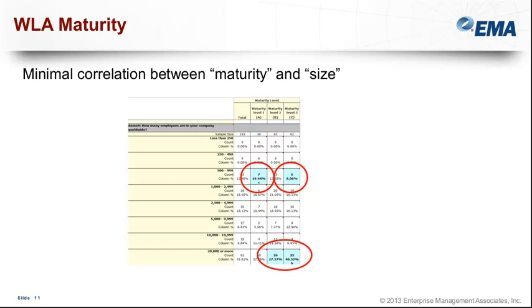And one thing that we needed to rule out was that maturity is just a proxy variable that actually coincides with company size. And that's why we did this little model here, where we see the 3 levels of maturity, level 1, 2, 3, and we see the different company sizes in the rows of that table.